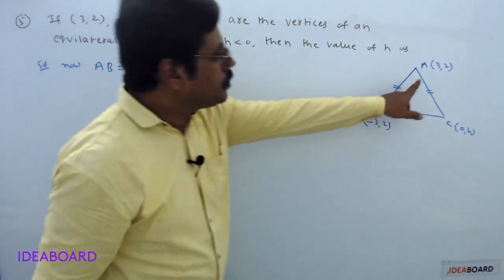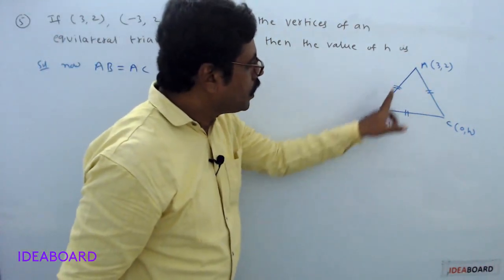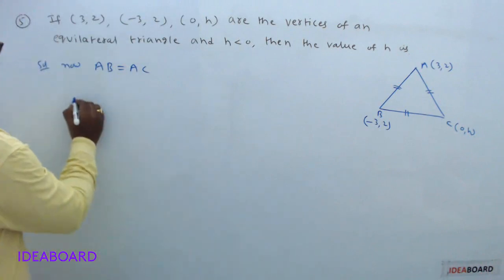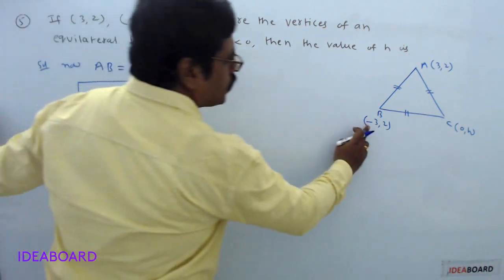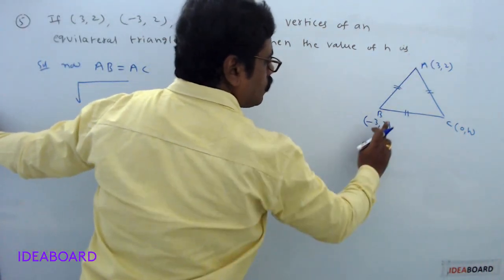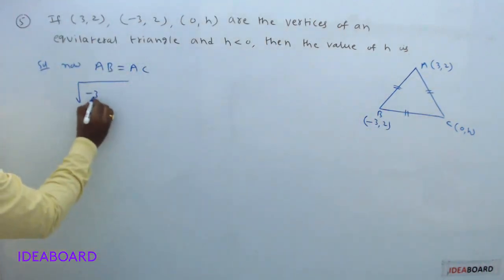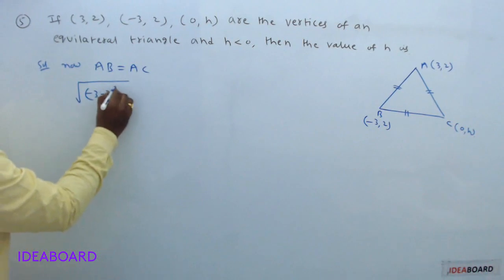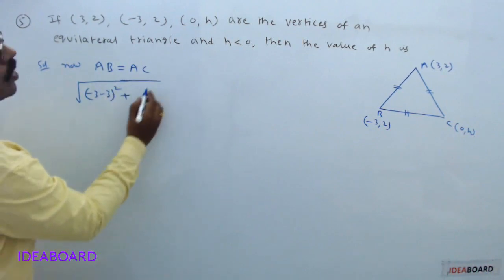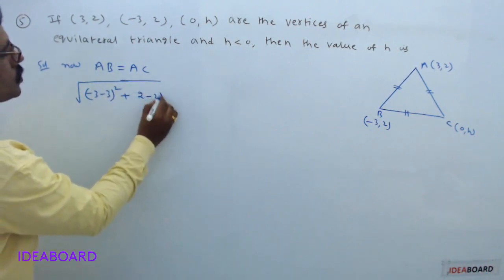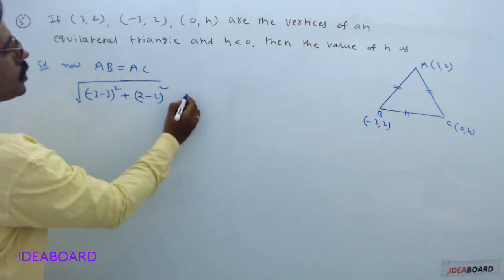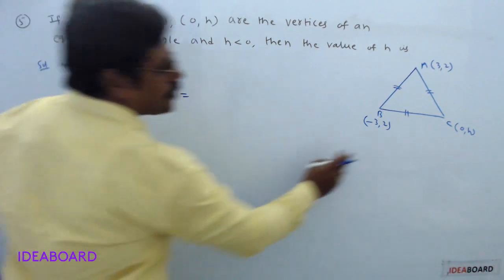Now apply the distance between 2 points formula on the points A and B. It is the square root of the difference of x coordinates whole square plus the difference of y coordinates whole square. That is the square root of (-3 minus 3) whole square plus (2 minus 2) whole square, equals AC.